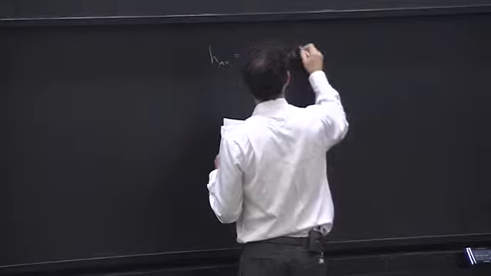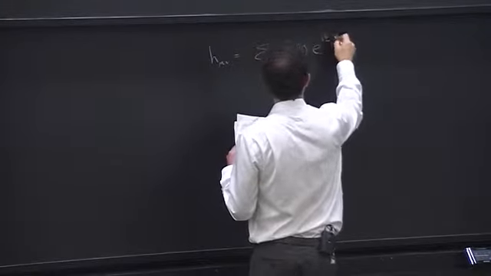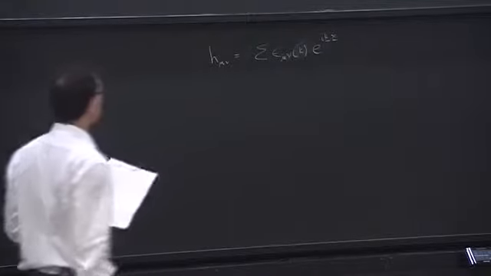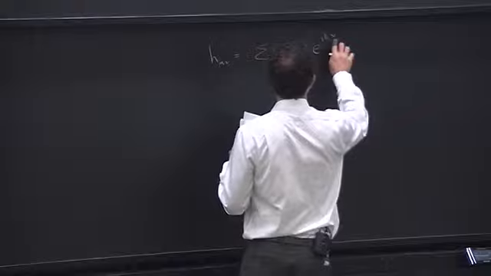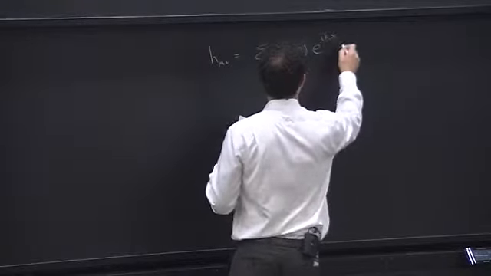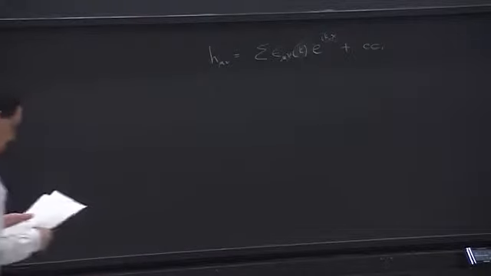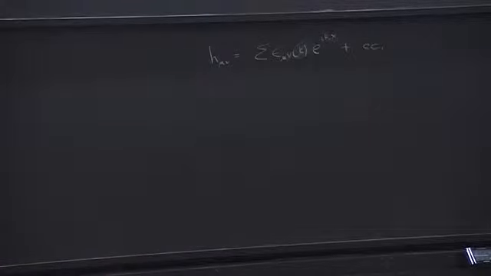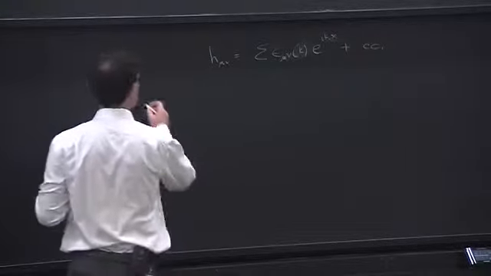So let's write them as functions of k, e to the i k dot x. This is space-time dot, e to the i k dot x plus complex conjugate, because the metric is supposed to be real. And that solves the Einstein equations.